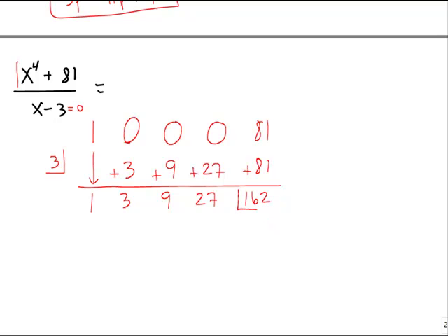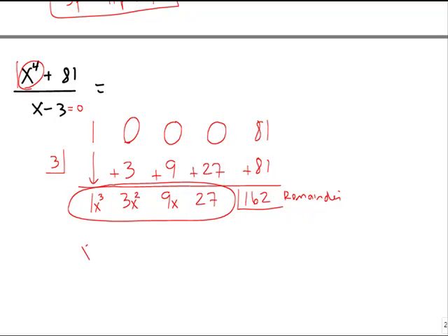The number in the furthest right corner is your remainder, and these coefficients that you have right here are the coefficients of your solution 1 degree less than what you started with. We started with an x to the fourth, so this is going to be 1 degree less, or x cubed. The next coefficient is for x squared, the next coefficient is for x, and the last coefficient is your constant.